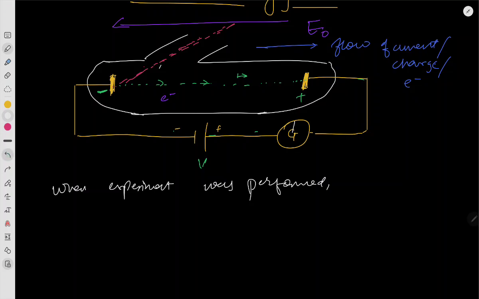But what actually happened was, when we bombarded the light from here, immediately there was a deflection. There wasn't a delay at all. Deflection of galvanometer.